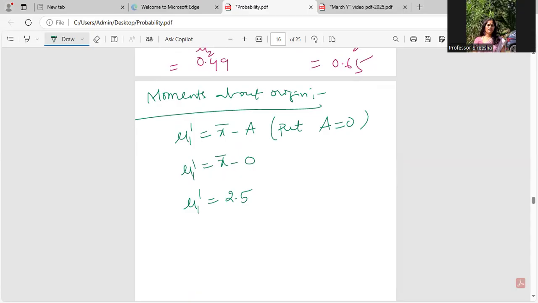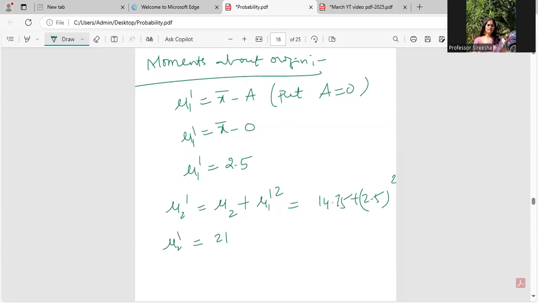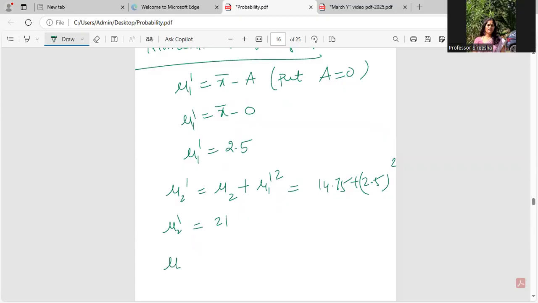Now coming to mu2 prime. Mu2 prime is nothing but mu2 plus mu1 prime squared. Mu1 prime is 2.5, 2.5 squared. Mu2 I already calculated above, it is 14.75. So I get mu2 prime to be 21. Moments about origin I am calculating. Mu3 prime is nothing but mu3 plus 3 mu1 prime mu2 plus mu1 prime whole cube.